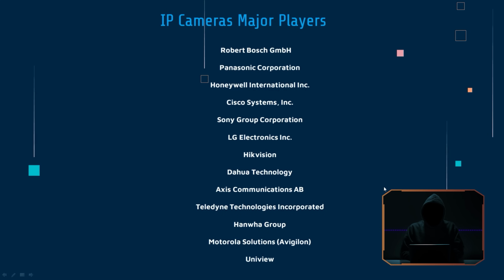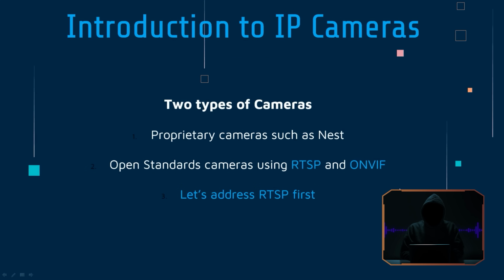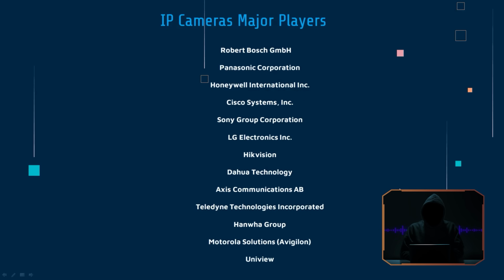So here's some of the major players. The ones that are most concerning are Hikvision and Dahua Technology. These are huge developers of IP cameras. They're all over the world. There's literally millions of these cameras out there. Even if it doesn't say it's a Hikvision or a Dahua, they're often white labeled. They sell their products to other companies who put their label on them.